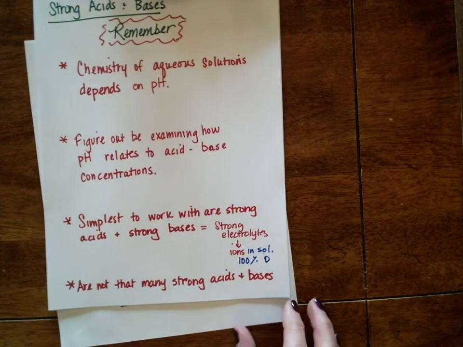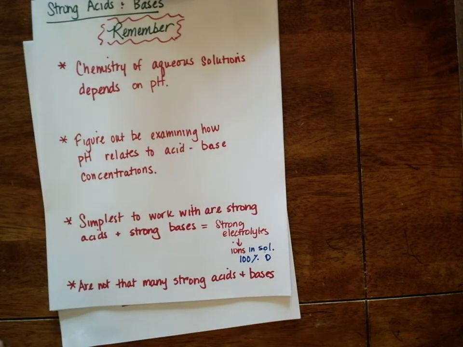Also, we've talked about there really aren't that many strong acids and strong bases, especially strong acids. There are more strong bases because those are those hydroxide compounds, ionic compounds that contain hydroxide. But still, keep in mind that our really strong ones are our alkali metals, and those heavier alkali metals, as we move to the bottom of that column on the periodic table, some of those are insoluble.